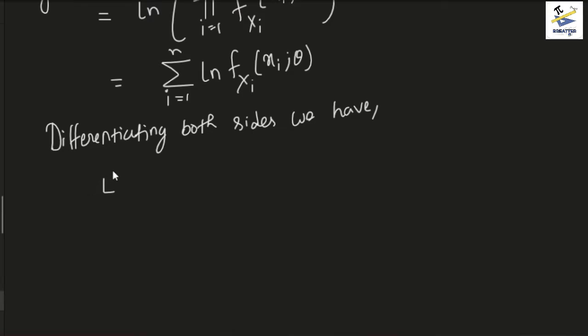Well, it's obviously L prime by L, and we are differentiating with respect to theta, of course. Since we are maximizing over theta, we differentiate with respect to theta, and differentiating, you get something like this.